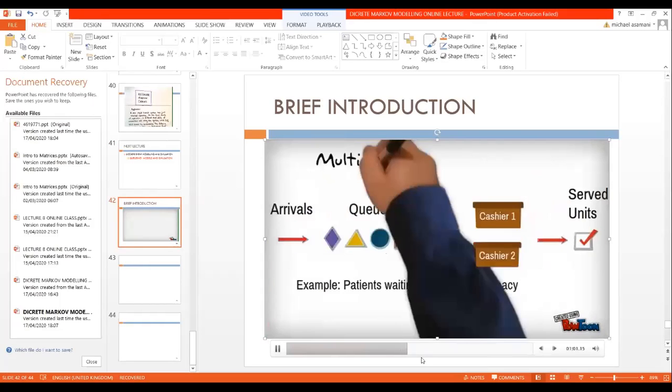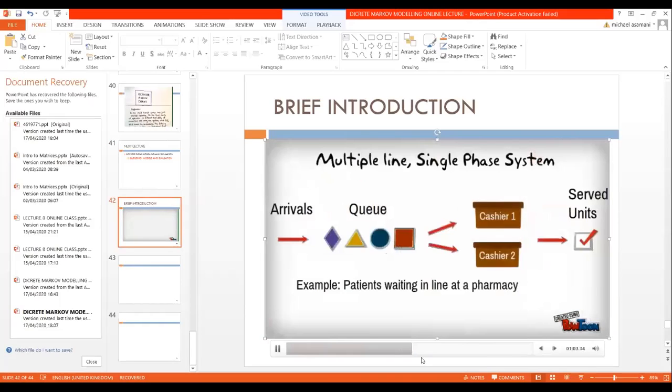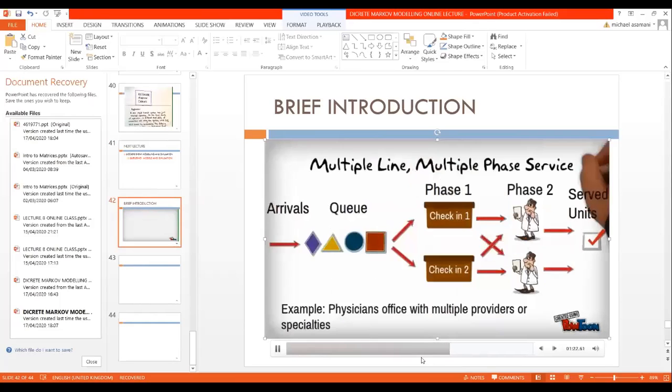Then we can also have a multiple line, single phase system. So you have a single queue, but you have several cashiers, okay? So we come in and then we have cashier 1, we have cashier 2, and then you have your service resolved. Then we can also have multiple line, multiple phase service.